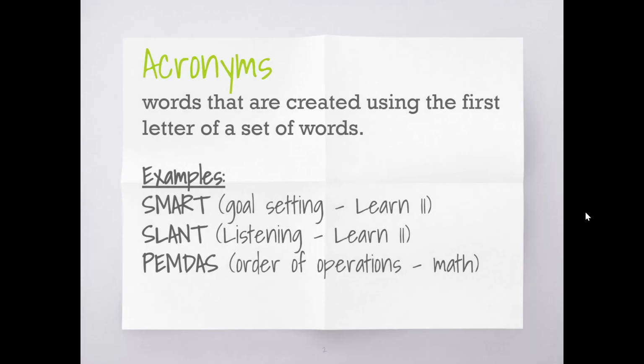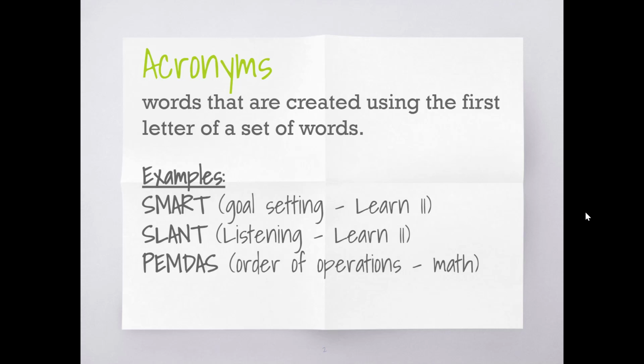Okay, so the first trick that we are going to look at is acronyms. You guys have probably heard of acronyms before. These are words that are created using the first letter of a phrase or a set of words. So in Learn 11, we use two different acronyms: SMART for goal setting and SLANT for listening.